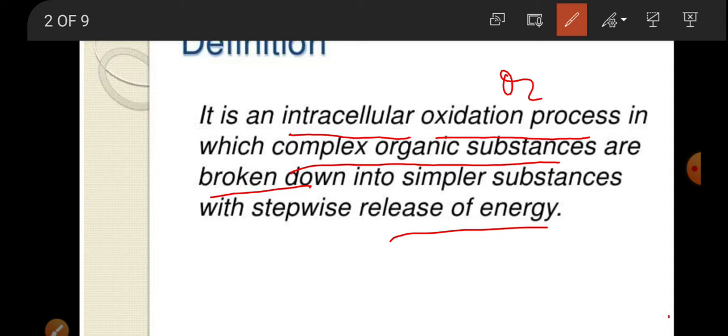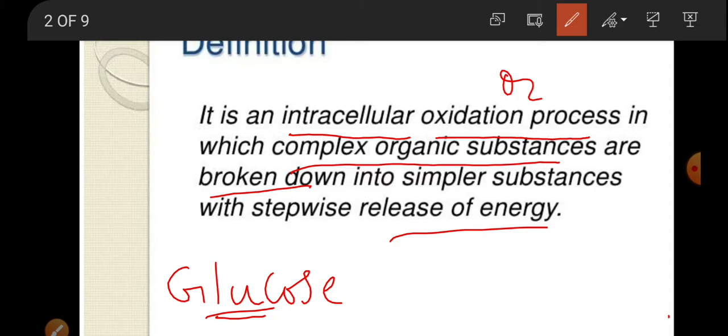Respiration occurs within the cell, so we call it an intracellular process, where the complex organic substances are broken down. Even though we say glucose is the simple form of carbohydrate, for a cell to get energy it is a complex form.